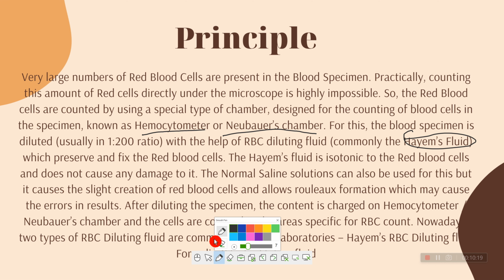So what we do is, we collect the specimen of EDTA blood from the patient. We collect the blood into an EDTA vial, so it is called EDTA blood. We mix the EDTA blood with Hayem's fluid.